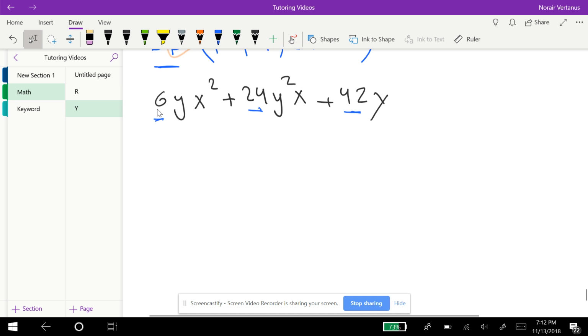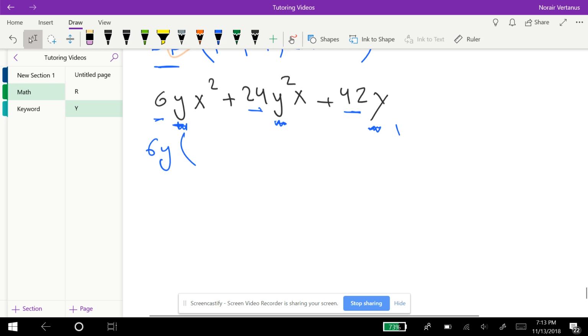You see, 6 works: all three of them are divisible by 6. And then between y, y squared, and y, the common factor is just y. Now x squared doesn't give a common factor because our last term doesn't have x. So we don't have an x factor.